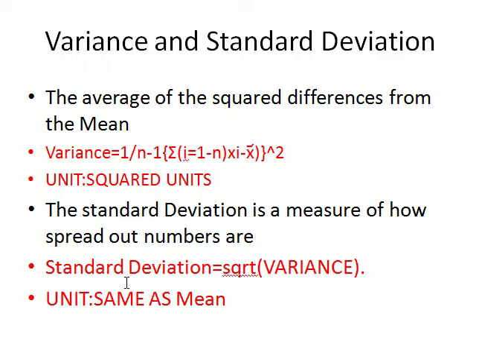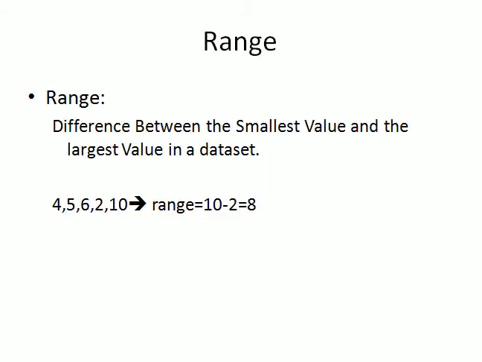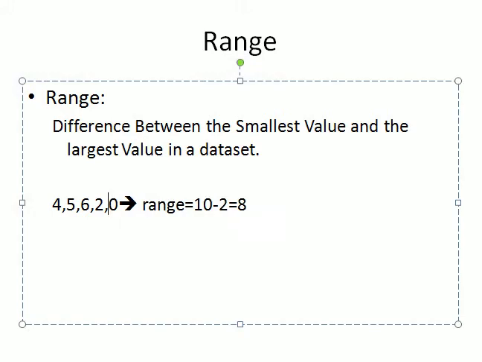Coming to range, there is a weakness in this measure. The weakness is the fact that one data point can significantly inflate the range of the data set. For example, if one value is 20, then 20 minus 2 is 18, so this one point significantly inflates the range of the data set and may affect the whole range.